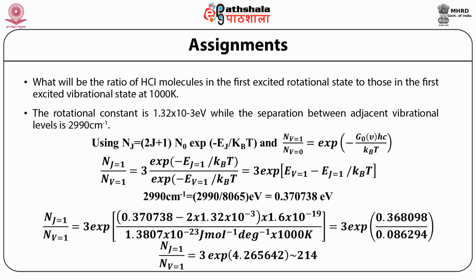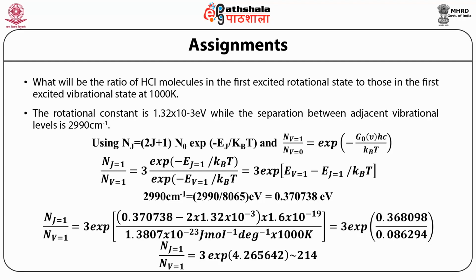So writing the value of 2990 centimeter inverse is equal to 2990 upon 8065 electron volt, which comes out to be 0.370738 electron volt.